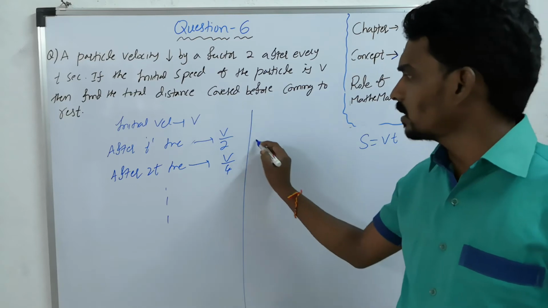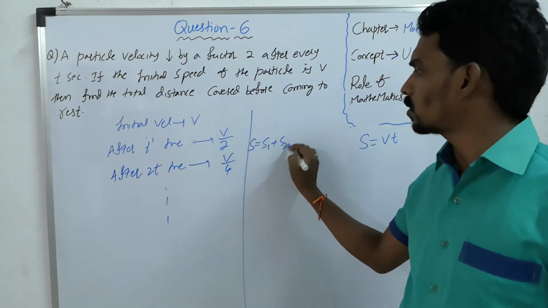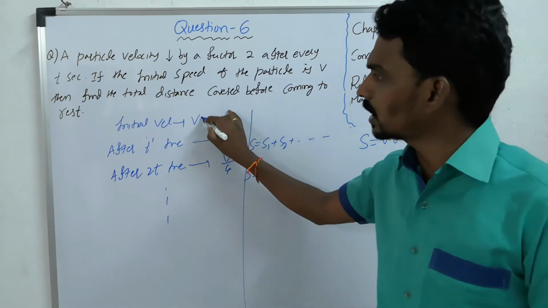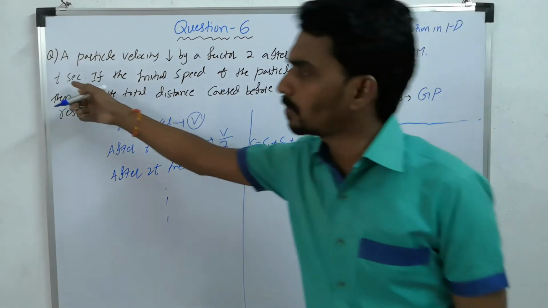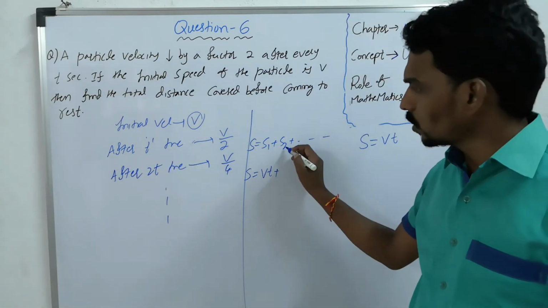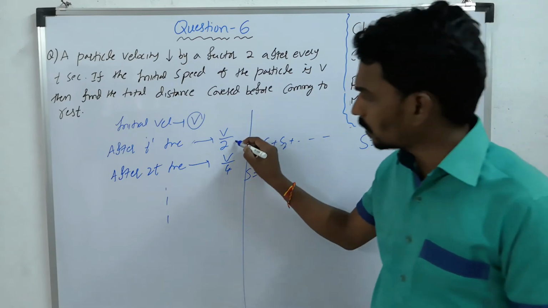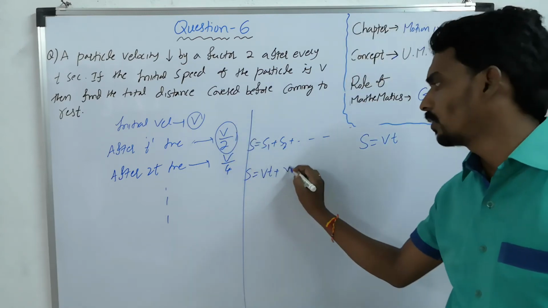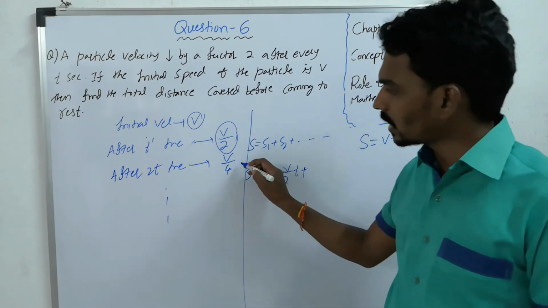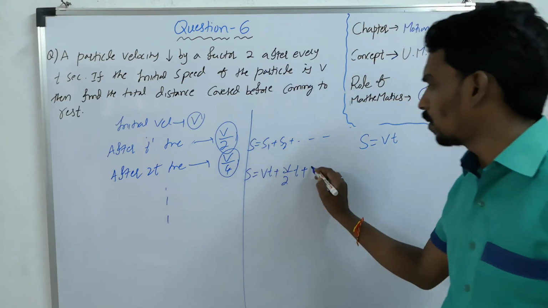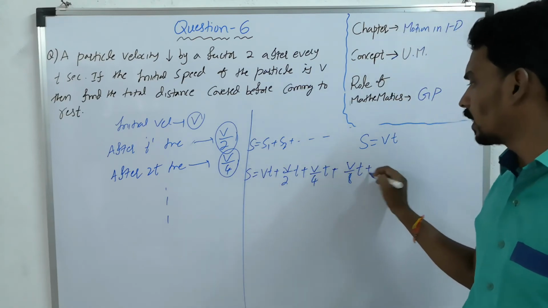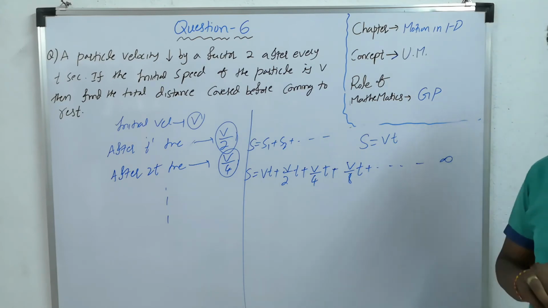Now the distances covered are s1 plus s2 plus so on, where s1 is the distance covered with speed v for time t, so v into t. s2 is the distance covered in time t with speed v by 2, so v by 2 into t. Next, s3 is v by 4 into t. Next, v by 8 into t, plus so on up to infinity.